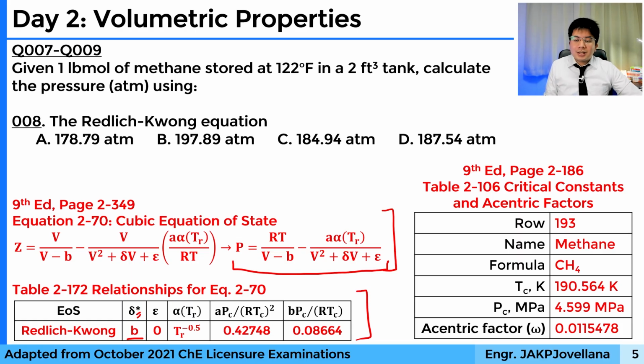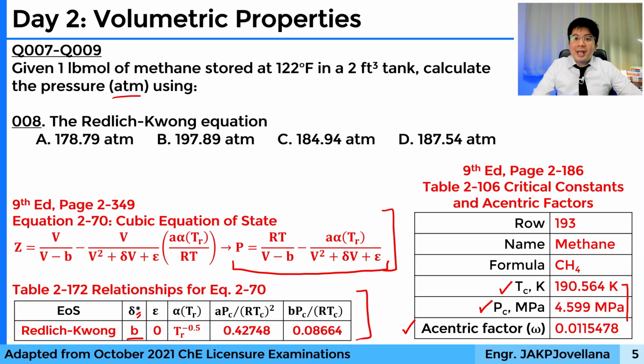For the critical constants of methane, we can obtain them also from chapter 2, in row 193. We need the critical temperature, the critical pressure, and later the eccentric factor. We need to convert this into English units because our problem requires calculation in atmosphere. These are the equations, equation numbers, and pages from the 9th edition.